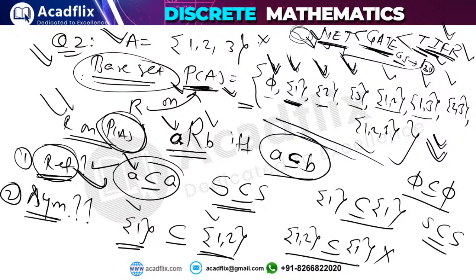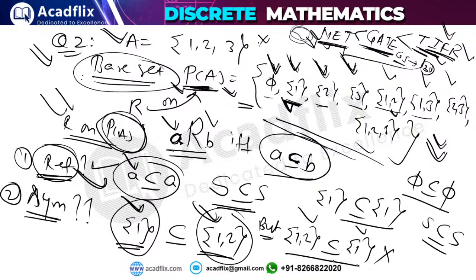Why? Because you can see this set is a subset of this set. For example, just look at this element. This element is related to this element, because this set is a subset of this set. But this set is not a subset of this.